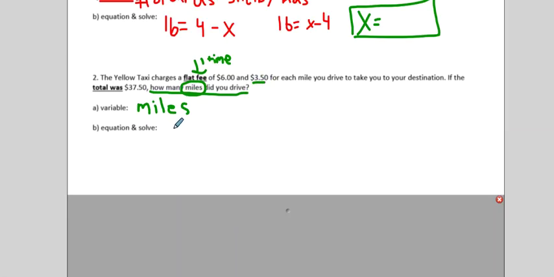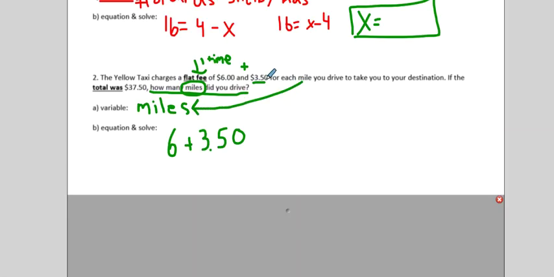So we want to think, all right, so it's $6 for the flat fee, okay? That means $6 one time. Anytime there's a flat fee, it's a constant. We don't have a variable attached to it. And then plus the $3.50 that they charge us for every mile. Now, if you think about what our variable was representing, the number of miles.